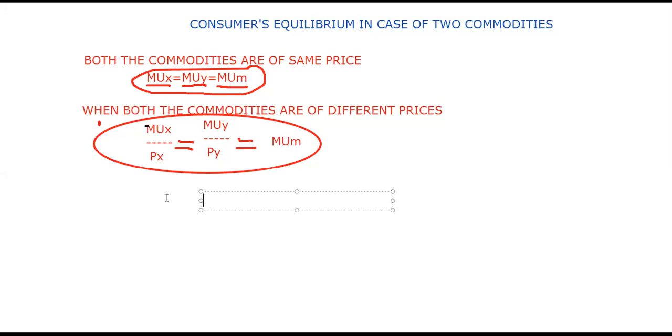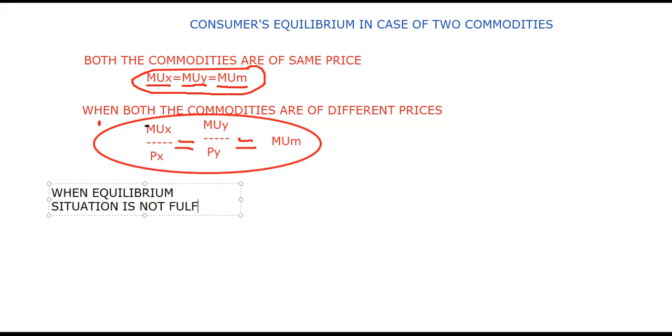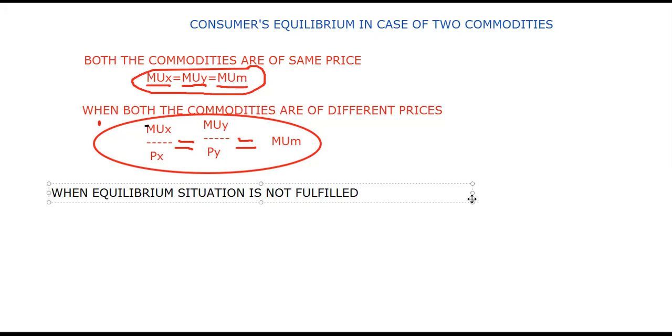Disequilibrium situation says that if this equilibrium situation is not fulfilled, अगर equilibrium situation fulfilled नहीं हो रही तब क्या होगा? Case 1 क्या हो सकता है?